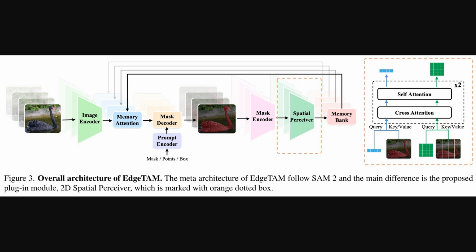After a mask encoder processes the current frame's mask, this 2D spatial perceiver compresses those features before storing them in the memory bank. This compression, using internal mechanisms like self-attention, a process where the model weighs the importance of different parts of its own input, is key to speeding up the memory attention for future frames.